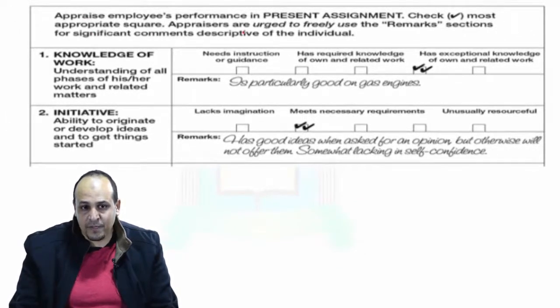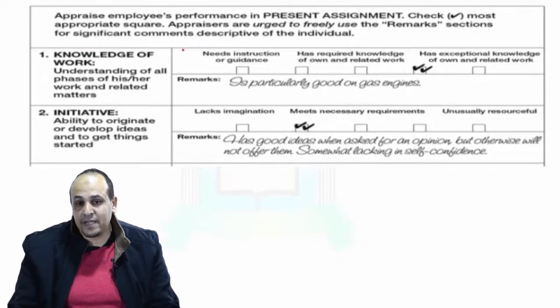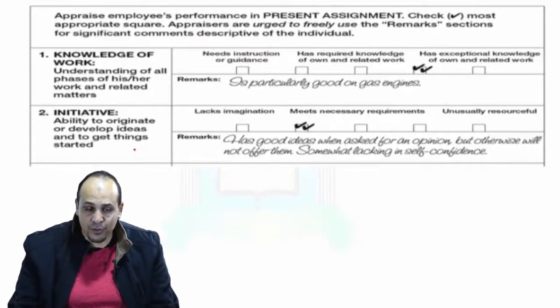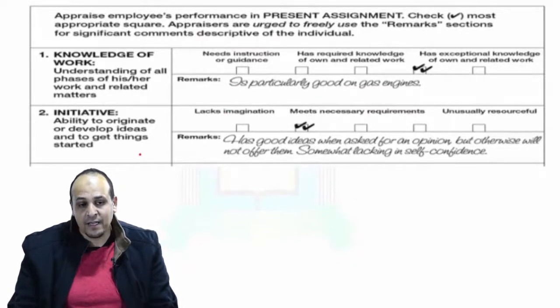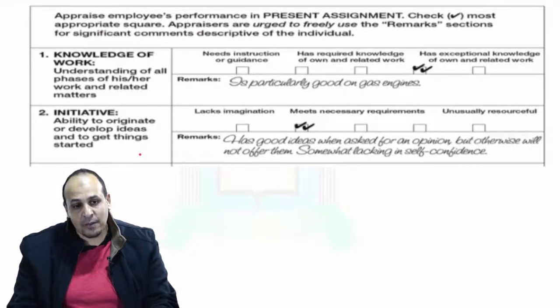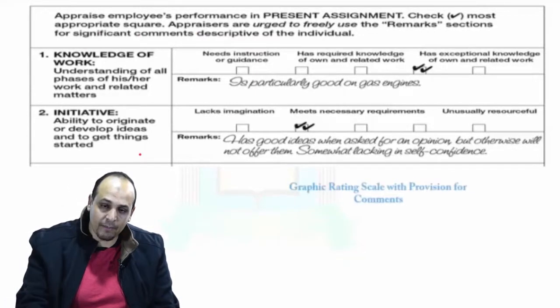Appraise employees' performance in present assignment, where the supervisor has to check the most appropriate square. So these are ways that companies can adopt in appraising employees, but of course the characteristics will be totally different from one job to another, and of course from one company to another.